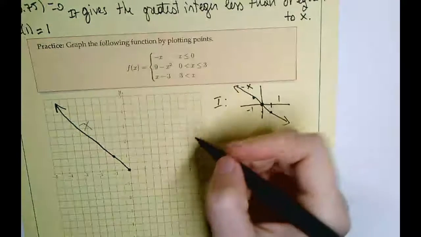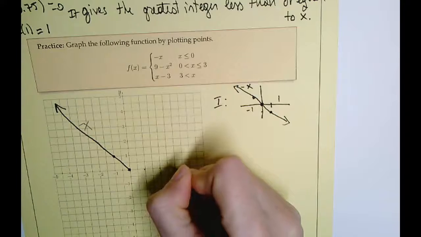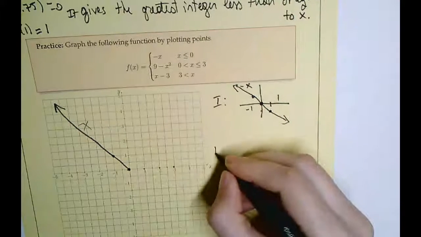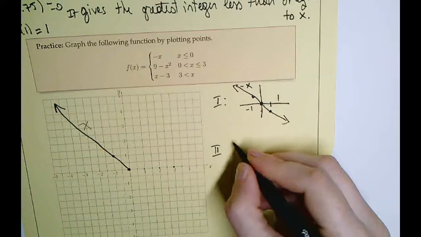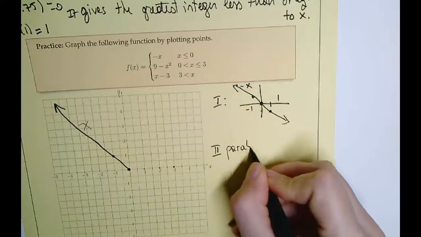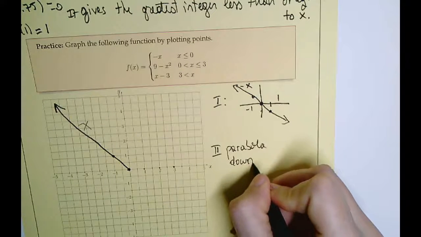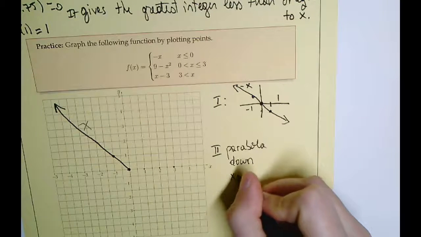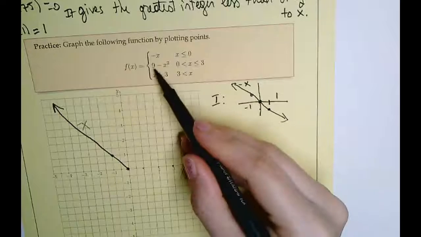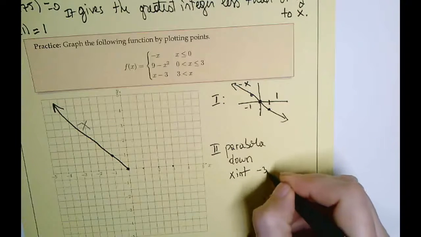And then between 0 and 3, so 1, 2, 3. So the second piece, between 0 and 3, is a parabola facing down. What would be the x-intercepts? Well, 9 minus x squared is 0 when x is 3 or -3.